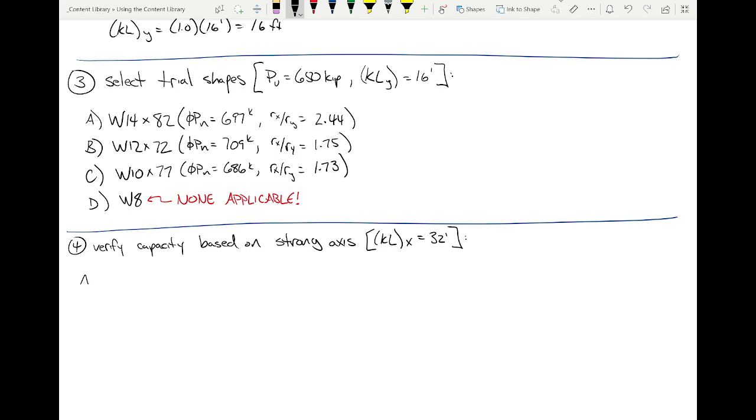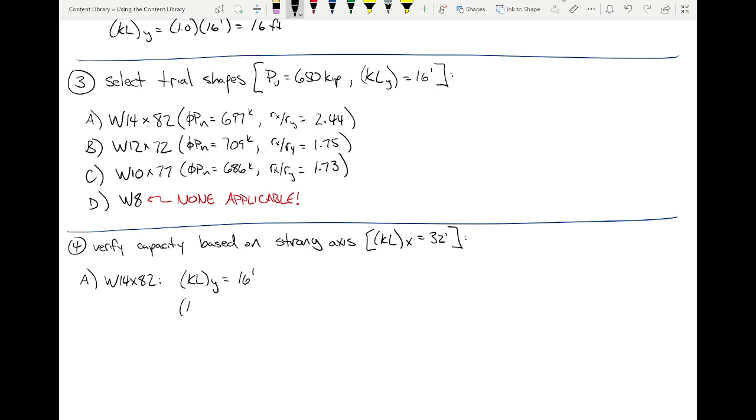All right, so let's start off with shape A, which is the W14 by 82. What is KLY? It's 16 feet.